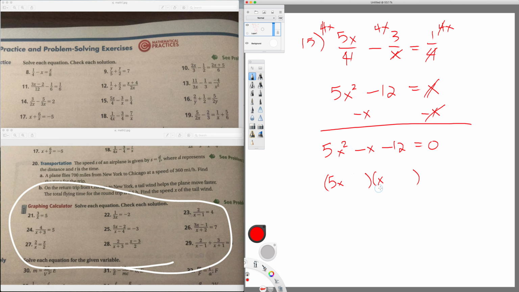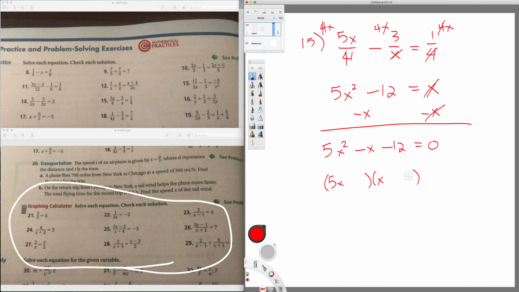So like if I put, let's just say I put a 12 here and a 1 here, that's going to give me a 5x and a 12x, and that's not going to be right. So I am not going to put the 12 and the 1 there for permanent. I just wanted to show you the idea of what we're after here. So I am going to try another route.